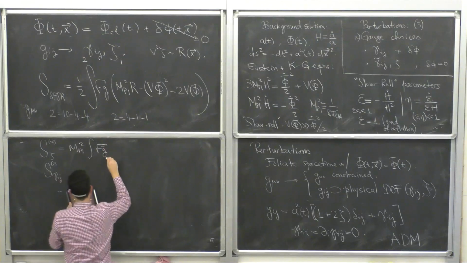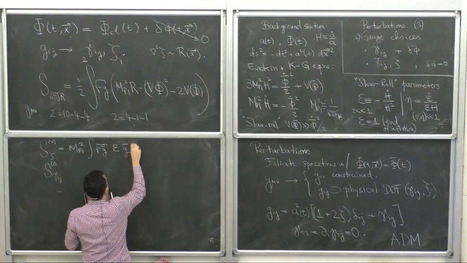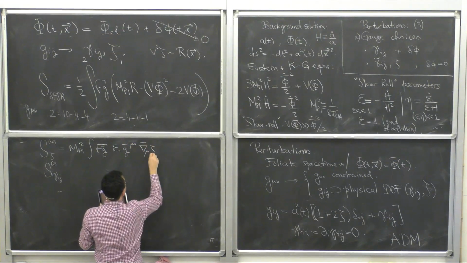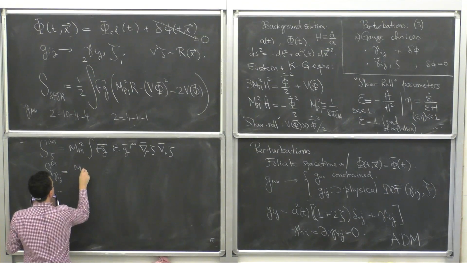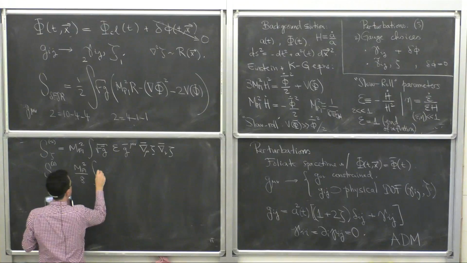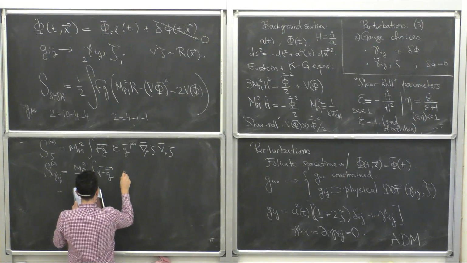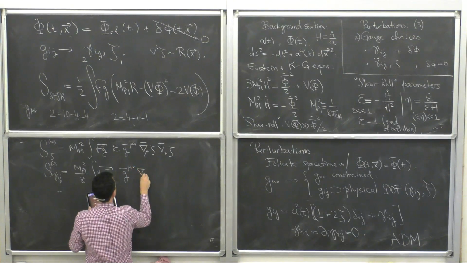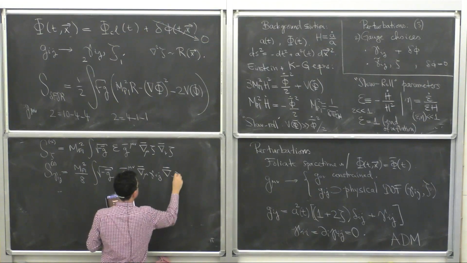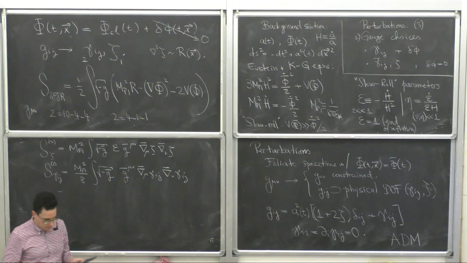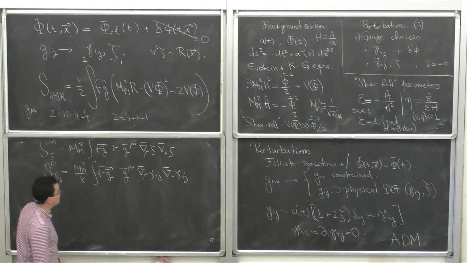With the background metric G bar, epsilon, G bar mu nu, D bar mu zeta. That's it. It takes some work to get this, but it's nice to see the final result.